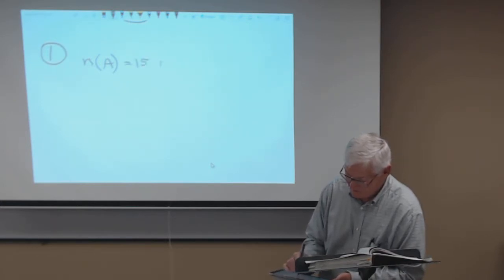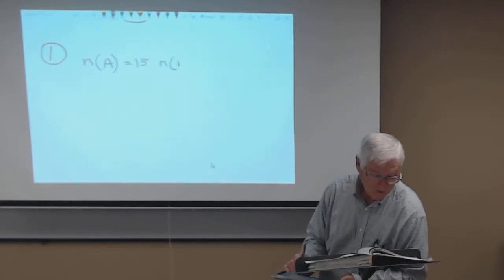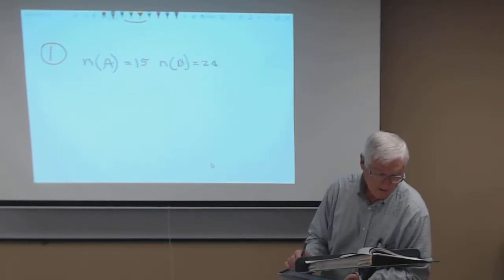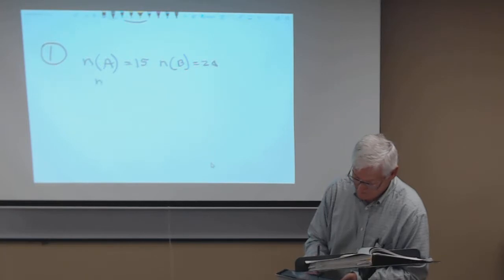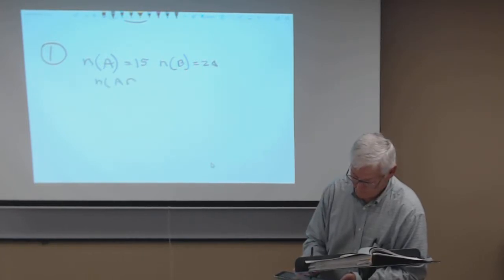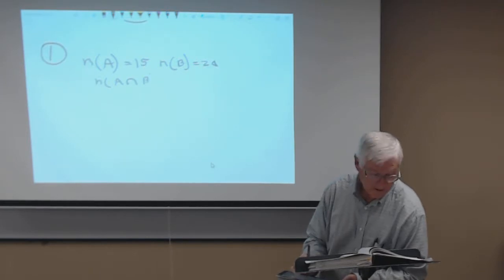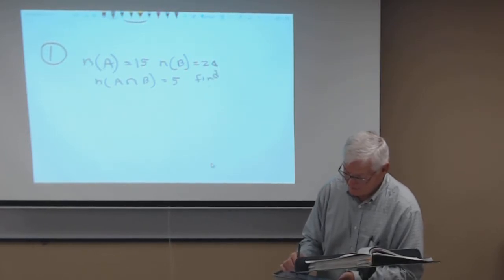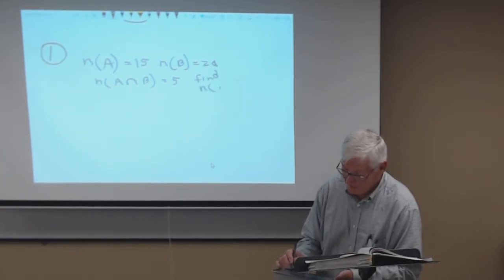The number of elements in B, what does it say? 20. The number of elements in A intersect B is what? 5. Find the number of elements in A union B.